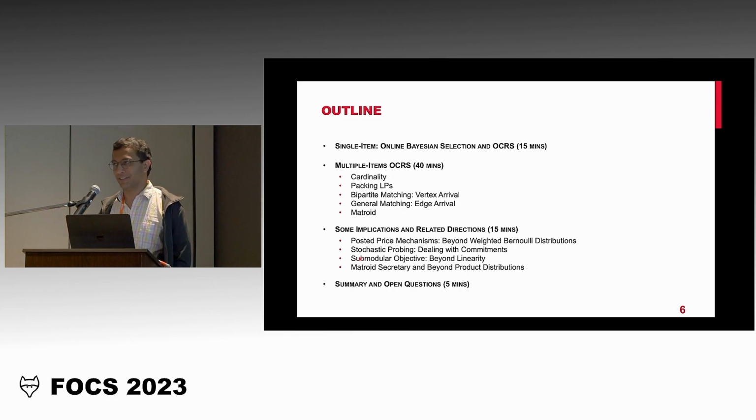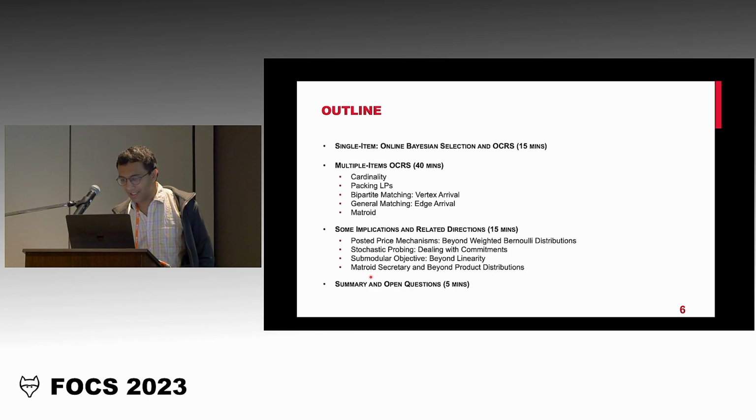Maybe you have to impose some other constraints, so there are slight modifications. And it also has connections to things like matroid secretary. These are just a few illustrative examples. This technique of OCRS, and broadly the area of prophet inequalities, has many, many applications. I'm happy to talk to you more about it.